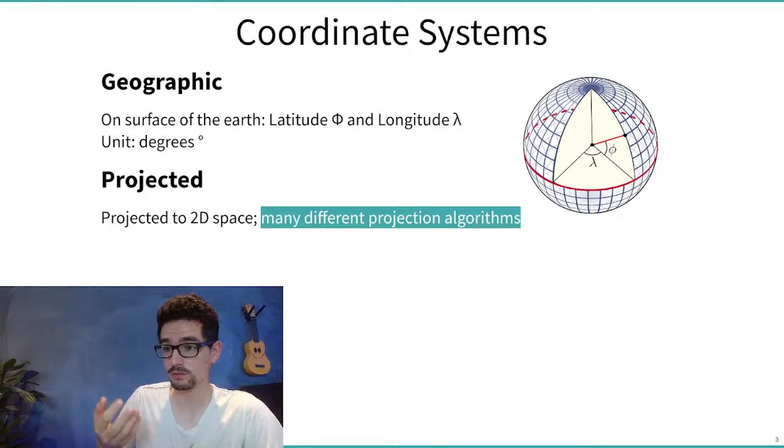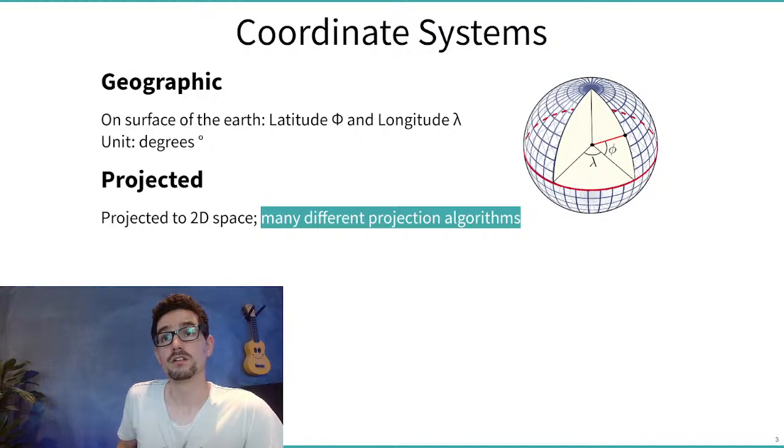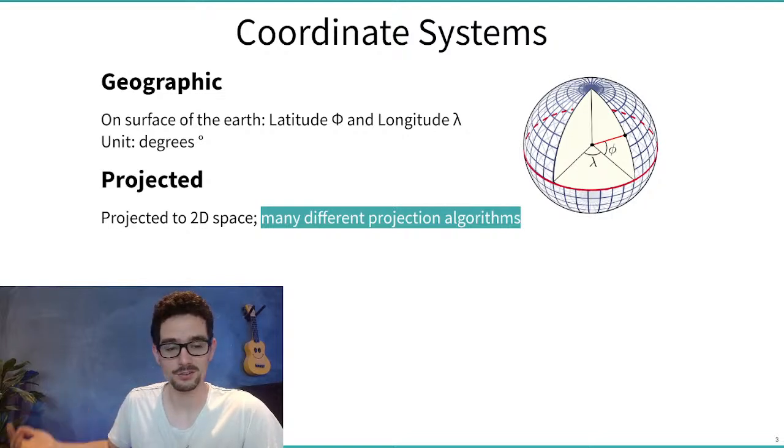And another algorithm is good for South America, and other algorithms are good for locations next to the North Pole or next to the South Pole or next to the equator.